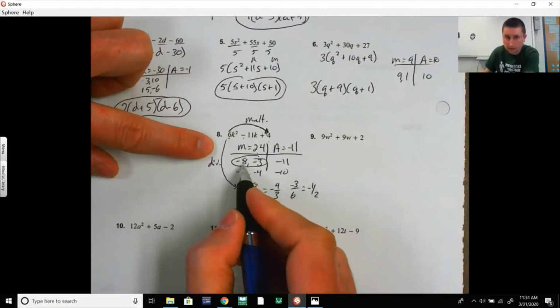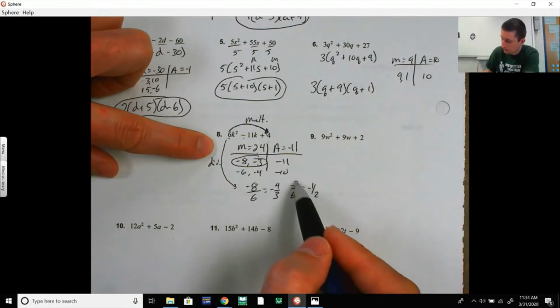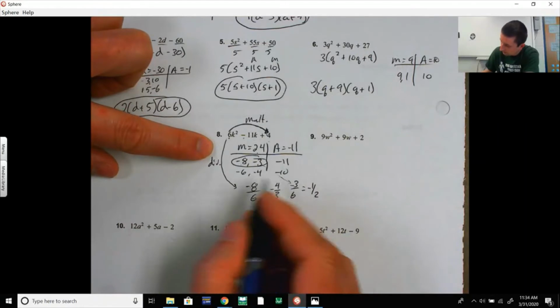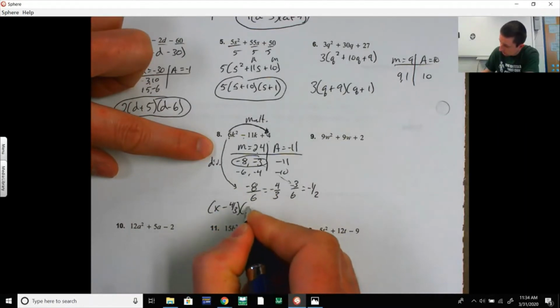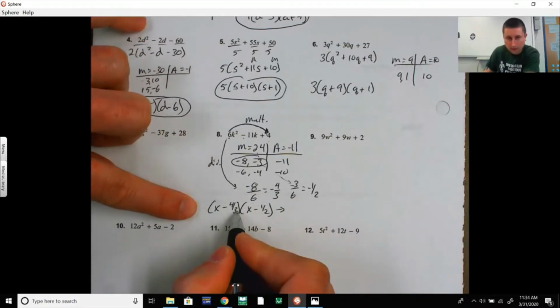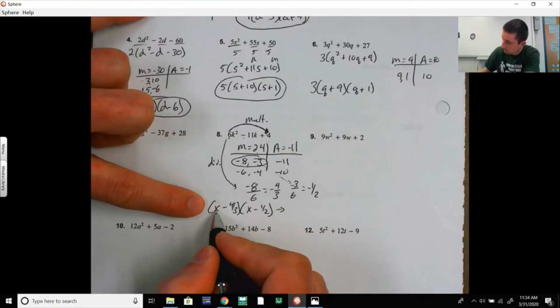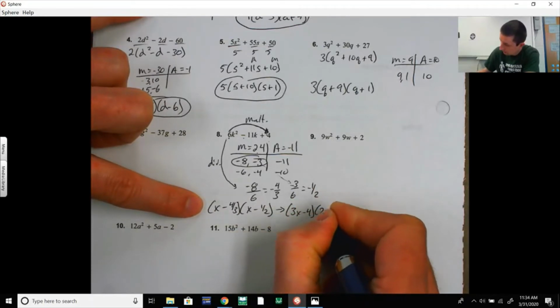So these two, the negative 8 came down, divided by 6, got negative 4/3. Negative 3 came down, divided by 6, got negative 1/2. So I have x minus 4/3 times x minus 1/2. Move the bottom part, the denominator, to the front. So 3x minus 4, 2x minus 1.